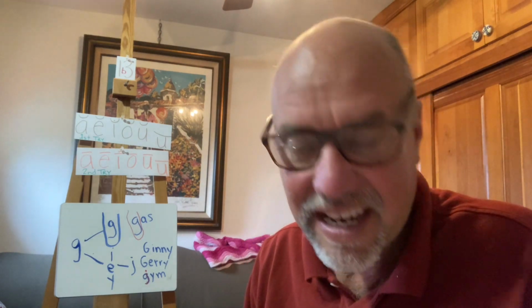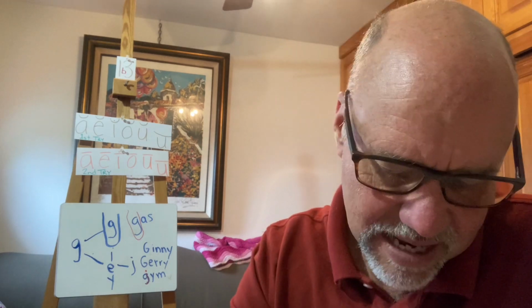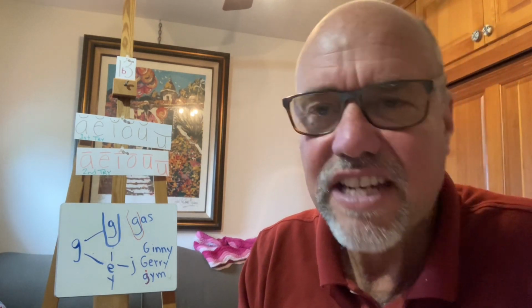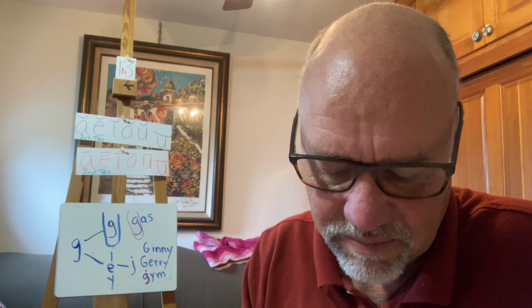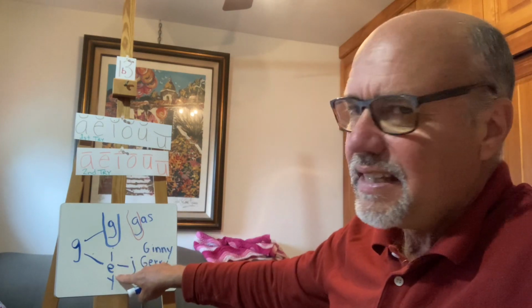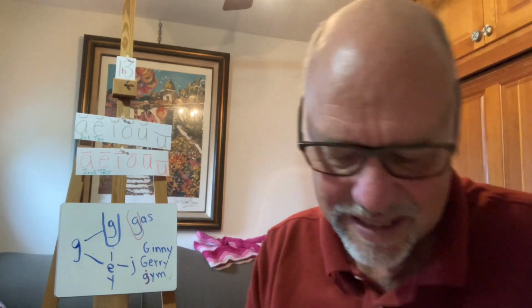Next word is going to be edge. Ed. Now do you hear the D? Edge. Now that's going to be a G, but it's going to have to be followed by an E at the end of the root word.